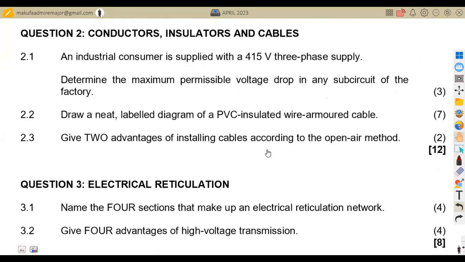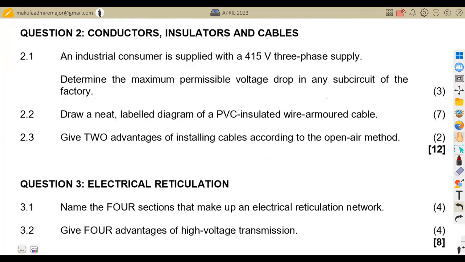Then we move on to the question 2, which was on the conductors, insulators, and cables. 2.1, we are given that an industrial consumer is supplied with a voltage of 415 for 3-phase supply. So we're talking about the line voltage in this case here, 3-phase supply.